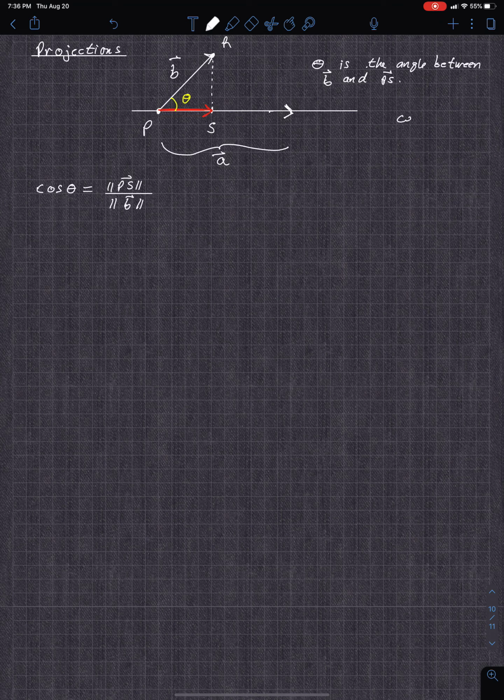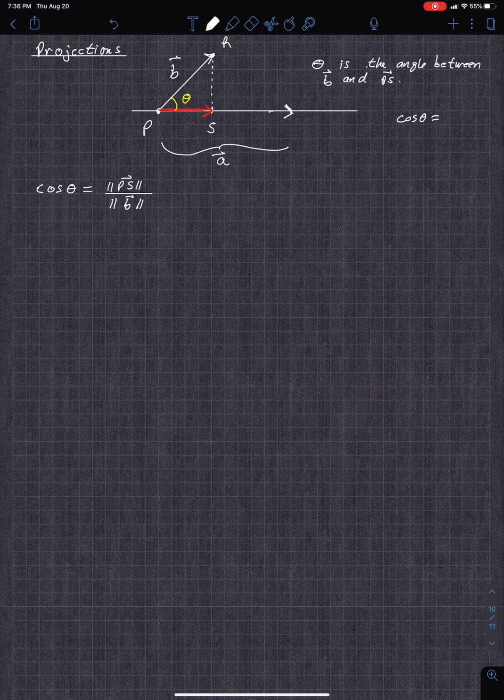If we look at the cosine of theta, cosine theta is adjacent, which is a magnitude, over hypotenuse, which is the B. Actually I meant to write adjacent over hypotenuse and then show you that next thing later.